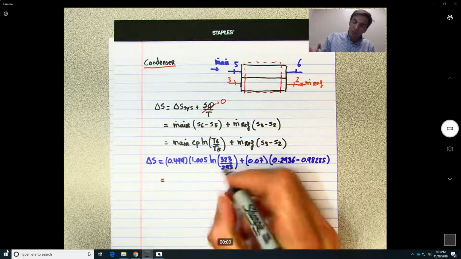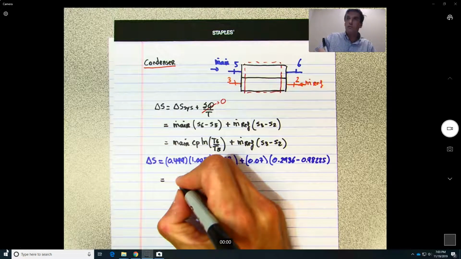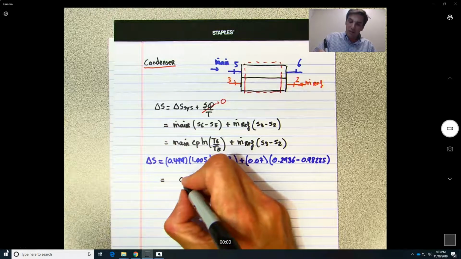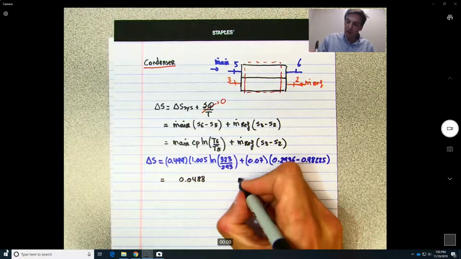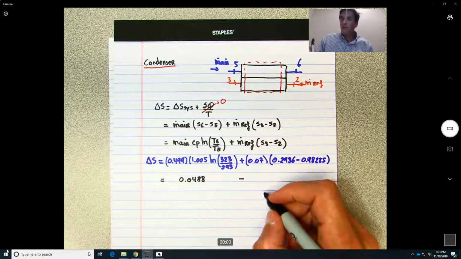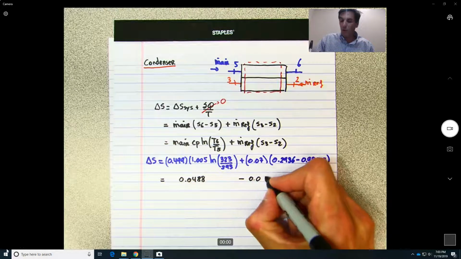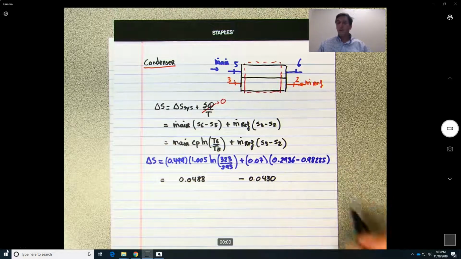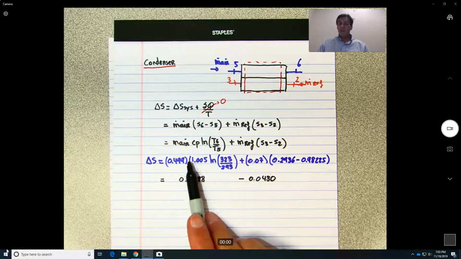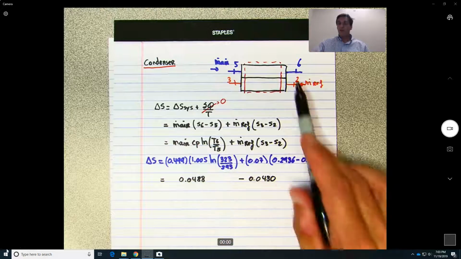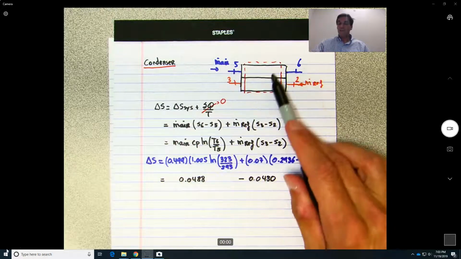So if you do the calculation, this term here is equal to 0.0488, and this term here is equal to negative 0.0480. So basically what does that mean? It means that the air increases its temperature. We know it goes from 20 to 50, so it's gaining energy.